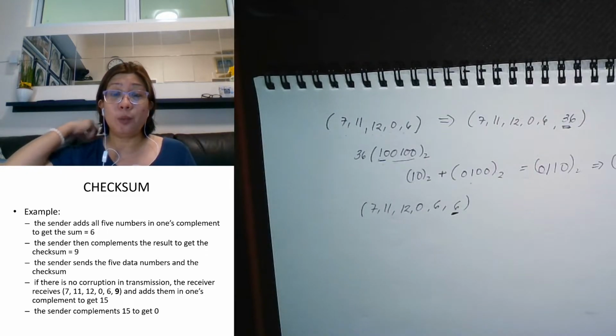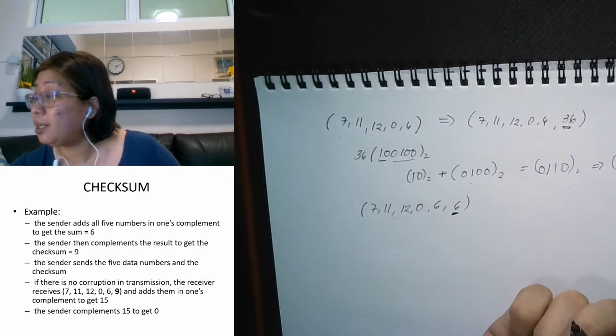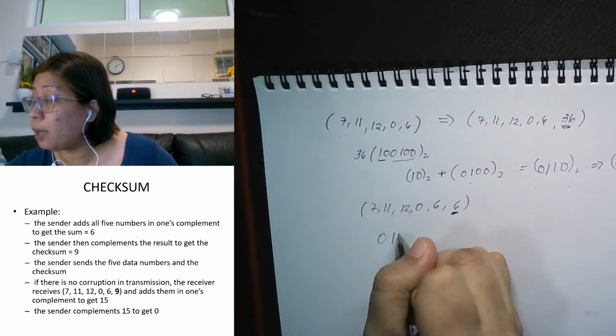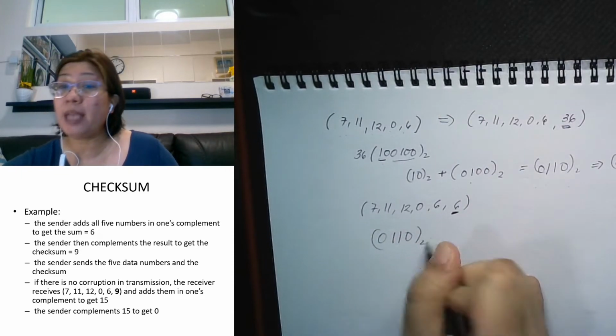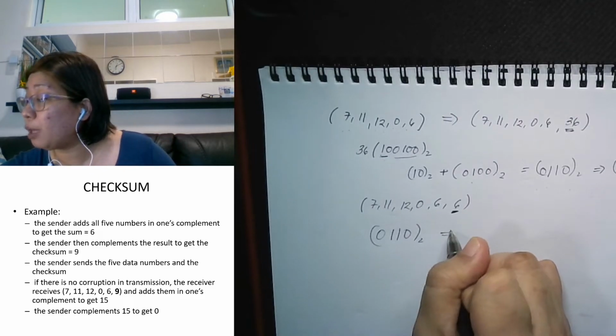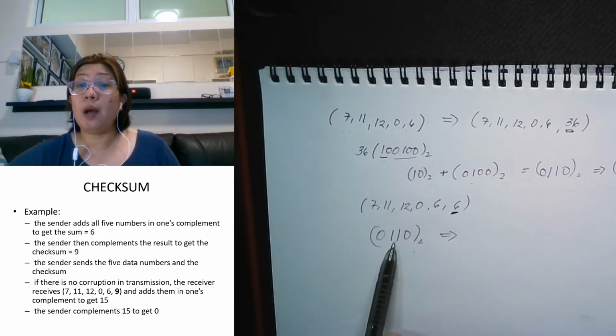So where did 9 come from? Note that 6 is written as 0110. This is the binary form for the number 6. When we get its complement, what do we do?